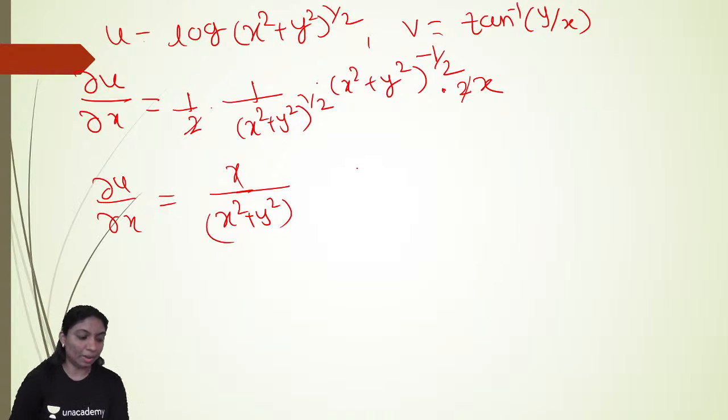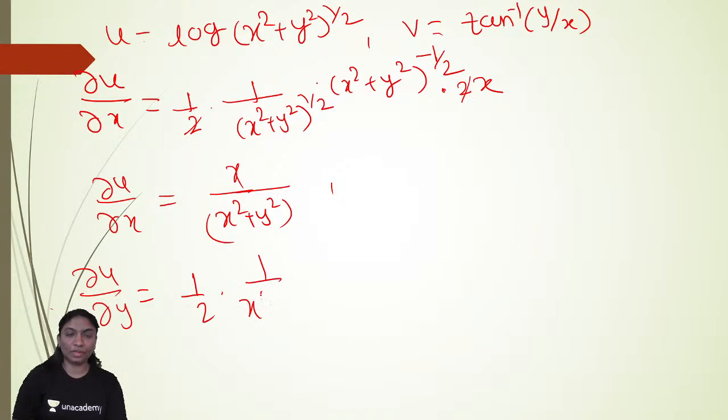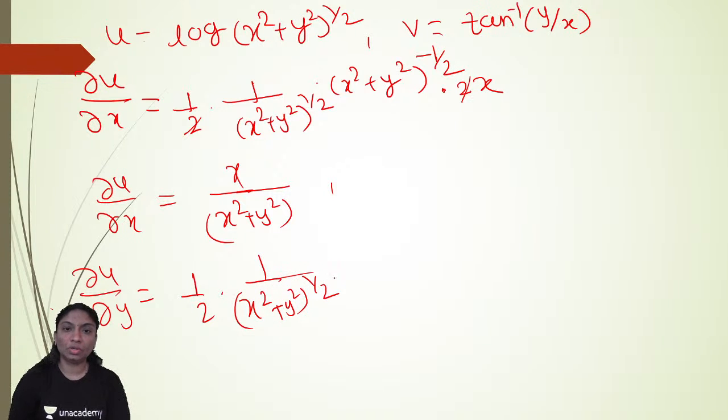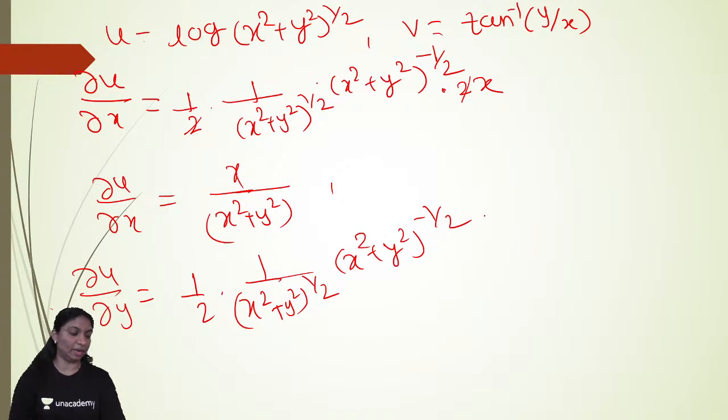Now ∂u/∂y, differentiating this with respect to y. So you will get ∂u/∂y is equal to 1 by 2 into 1 upon (x square plus y square), into (x square plus y square) raised to minus 1 by 2.